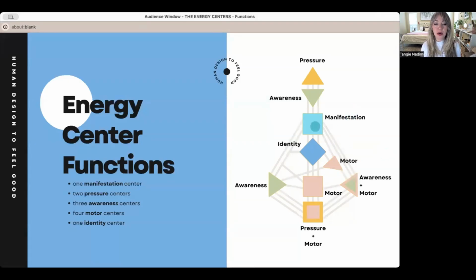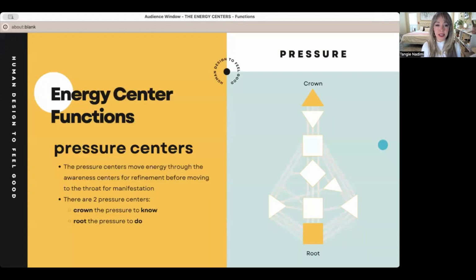If you see here, we have 1 manifestation center in human design, 2 pressure centers, 3 awareness centers, 4 motors, and 1 identity. Where you see 2 colors, there is a little bit of overlap in functions. Some energy centers do have more than 1 function, and we're going to go over each one in detail.